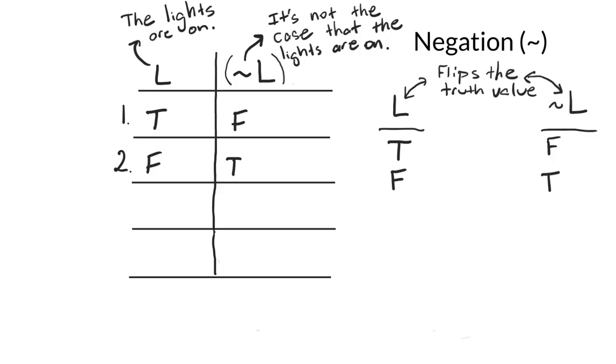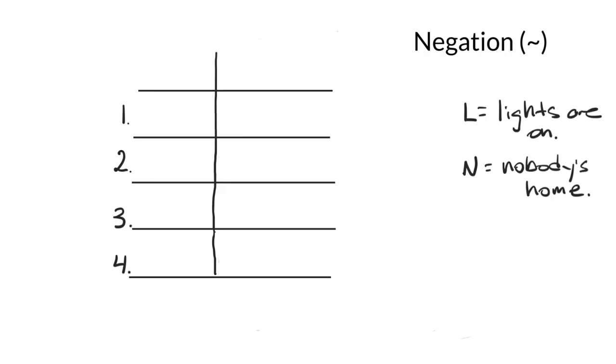Now let's look at how it affects compound statements. Let's make a compound statement out of the lights are on and the statement nobody's home. And let's do a conjunction, but let's negate that whole conjunction. So to negate a whole conjunction, we're going to need to start using some parentheses.